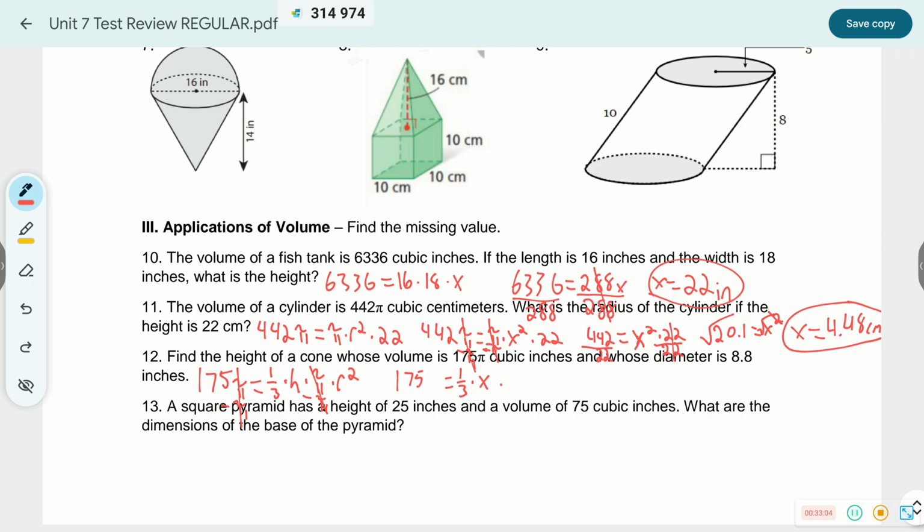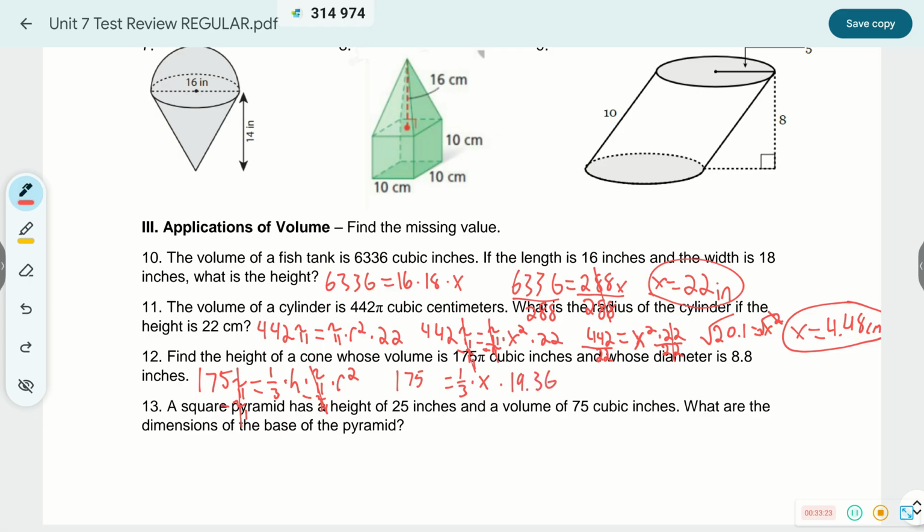So 4.4 squared, which is what? 19.36. Okay.